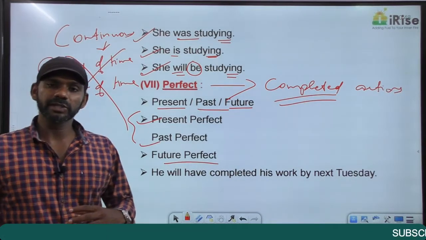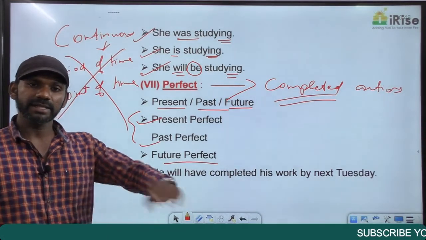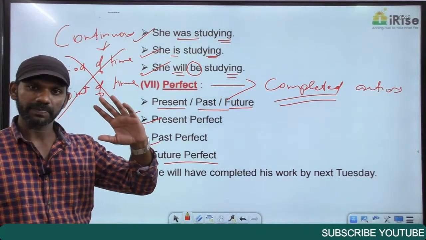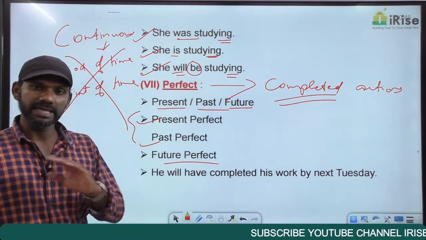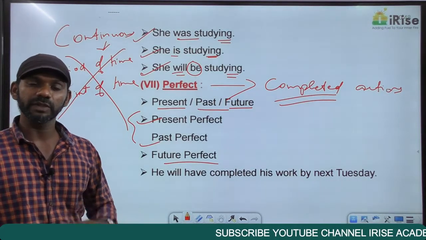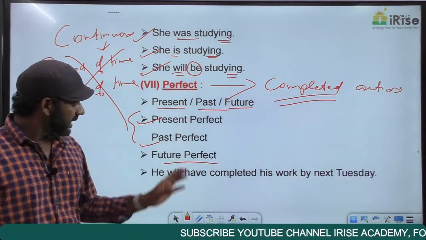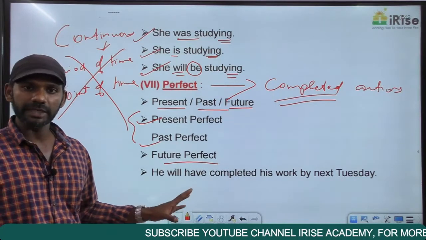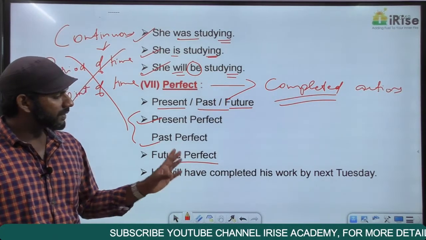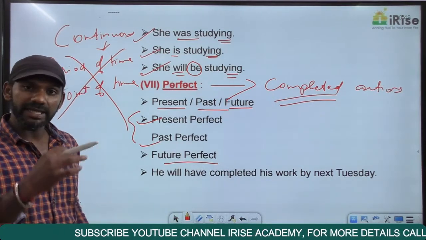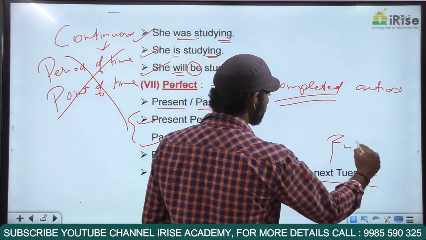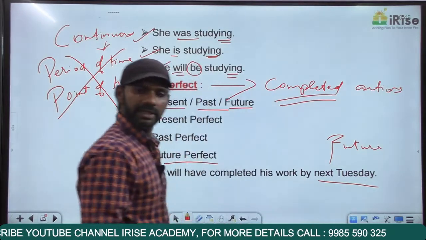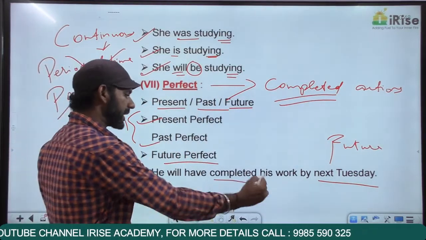Future perfect is used to refer to an action that gets completed in the future. That means for any action that gets completed in the future, not started, completed in the future, we have to use future perfect. Come to the statement, understand the meaning of it. He will have completed his work by next Tuesday. Next Tuesday refers to future, right? The verb here is completed.